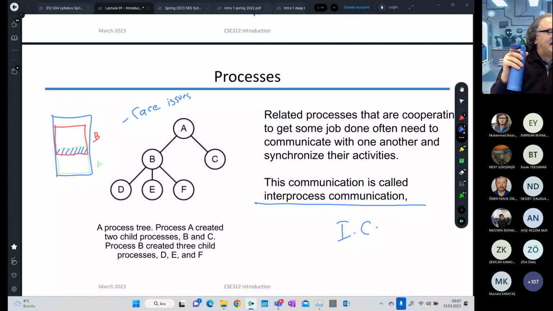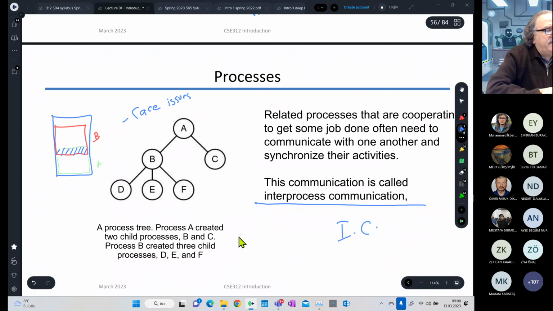Or they might be completely using very different memory spaces. So it depends on how you created those processes. It depends on what kind of inter-process communication mechanism you use. Thank you, sir.